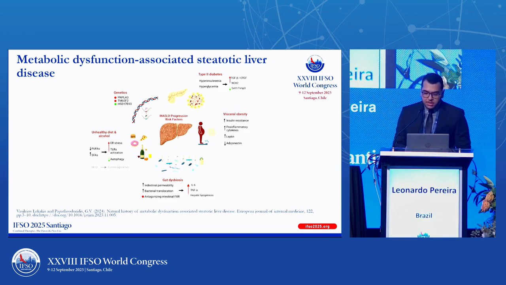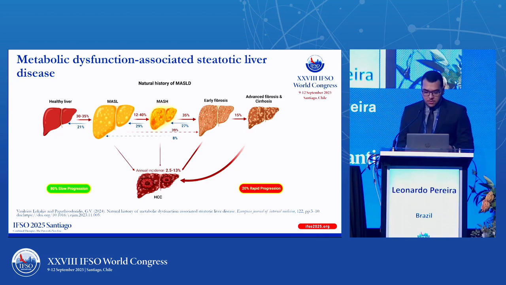Visceral obesity and type 2 diabetes are central. Many patients also have a pro-inflammatory state and unhealthy diet. Genetic factors related to metabolism can also promote liver steatosis and fibrosis. So, the pathology of this disease matches the patients we evaluate every day before metabolic and bariatric surgery.